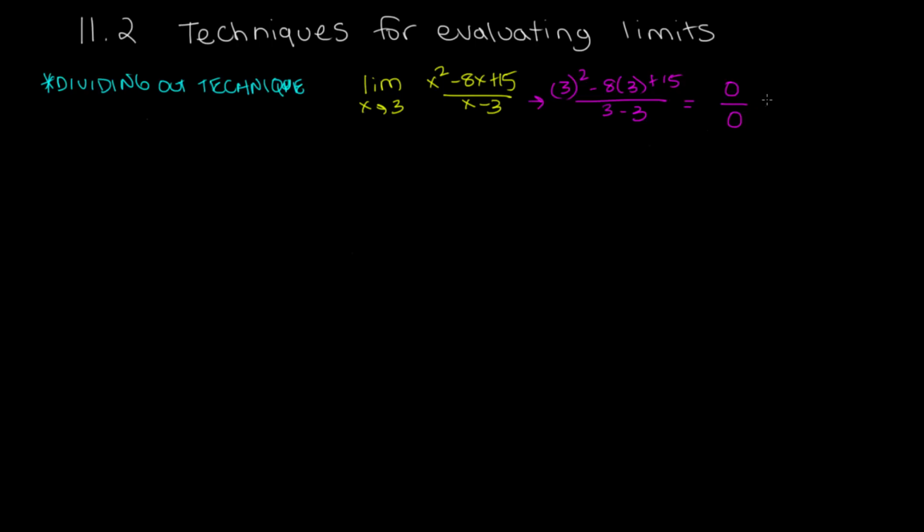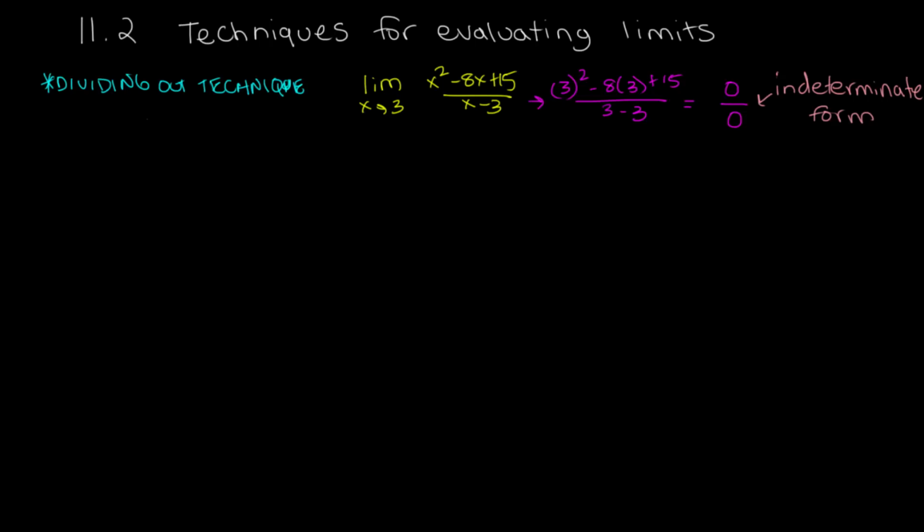This form, 0 over 0, is what we call an indeterminate form, which means we can't really determine anything from it. 0 over 0 doesn't really mean anything. It's undefined. We're dividing nothing by nothing. We can't evaluate the limit from this form alone.